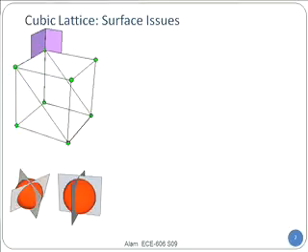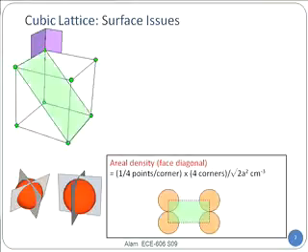Now, what about if I had a different surface? Because remember, I can take a knife, let's say, and cut surfaces at any angle I want. So if I cut it along a body diagonal angle, then should my surface density remain the same? Of course not.